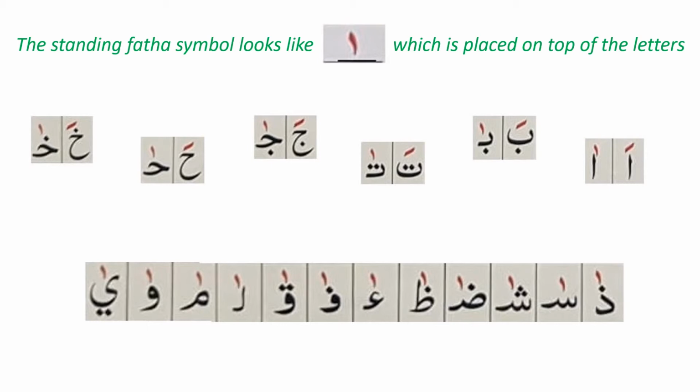Very simple, just like part one. It's exactly the same. The only difference is in part one, the examples were with an alif attached to the letter, and in this part two, we're looking at the standing fatha. Now that you understand the standing fatha, the standing kasra and standing dhamma are stretched exactly the same way.